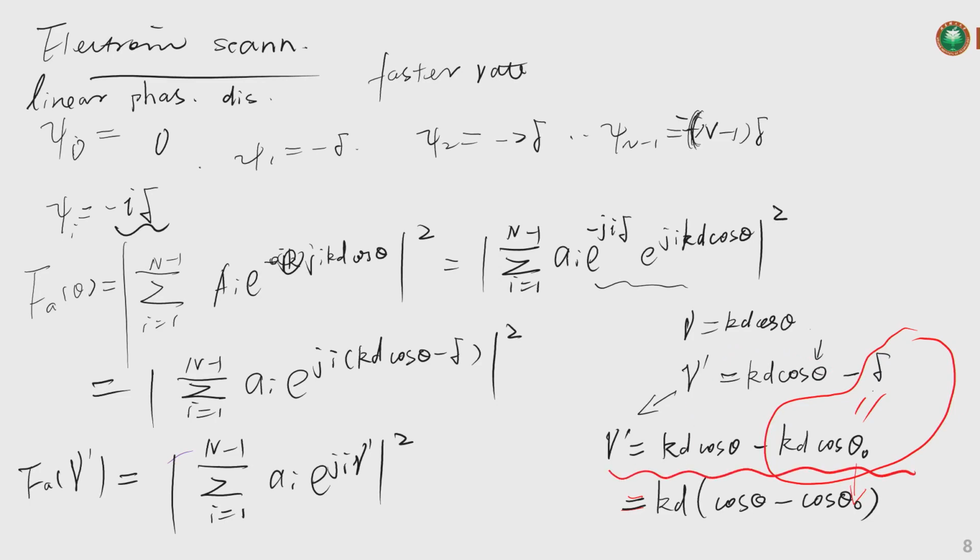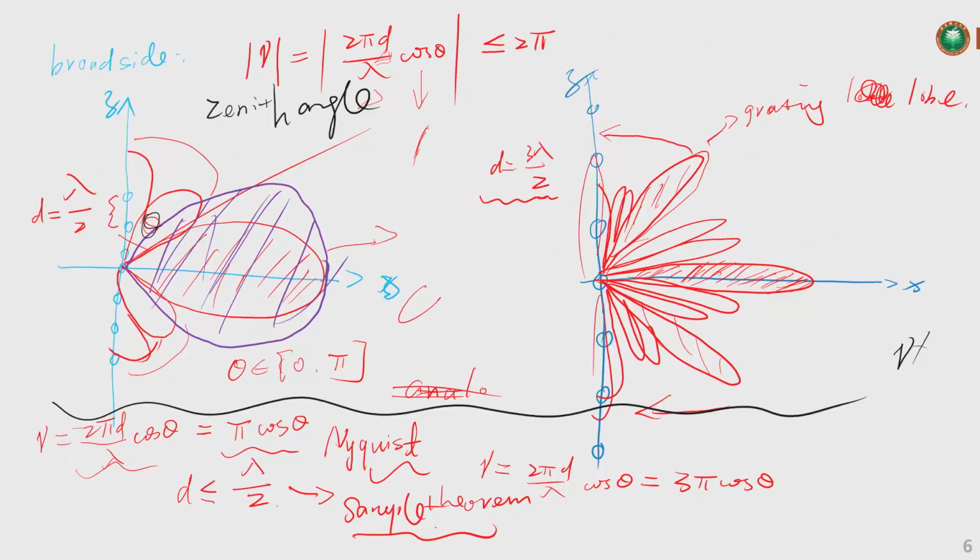If we want to get the maximum, the actual beam direction, it is related to theta equals half pi, all right?